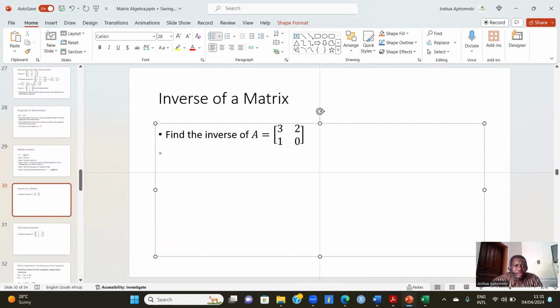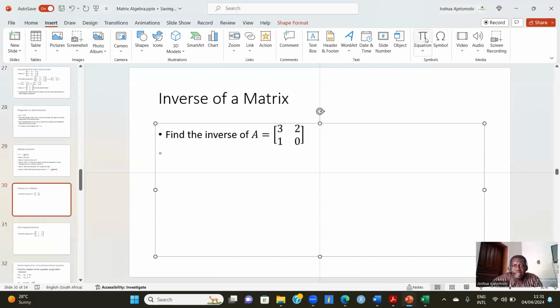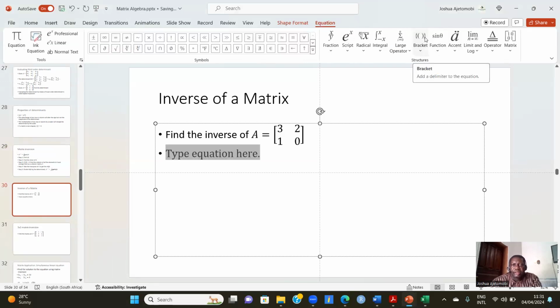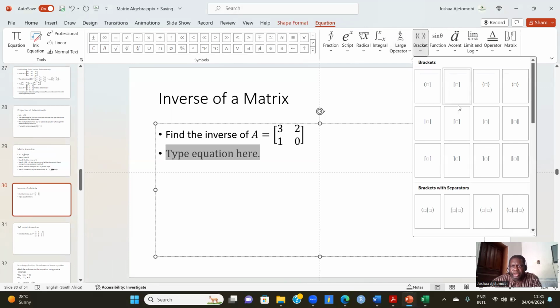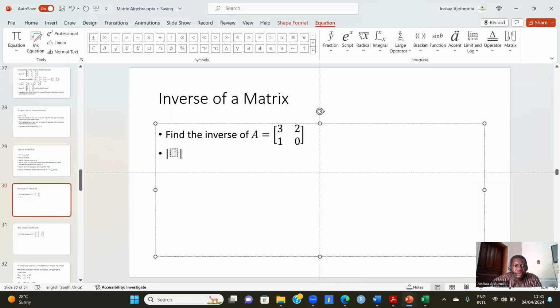Based on the procedure, we need to get the inverse of A. So we have the determinant of A equals 3 multiplied by 0, that will give us 0, minus 2 multiplied by 1, that is 2. And that will give us minus 2, that is the determinant.